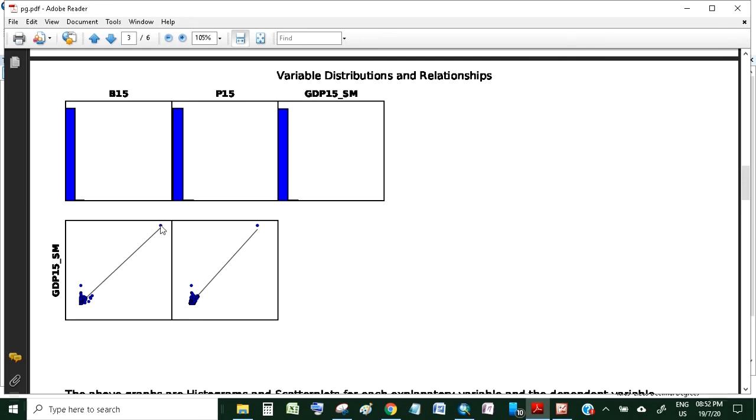This value is showing Addis Ababa. Addis Ababa in terms of population and built up area is far different from other urban centers. So this is the reason why this point is so far from the other points.